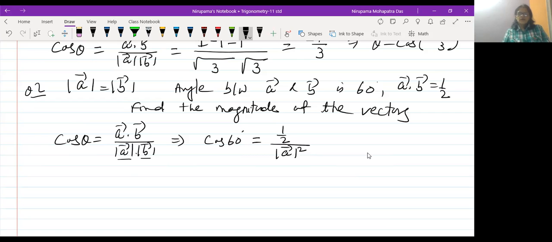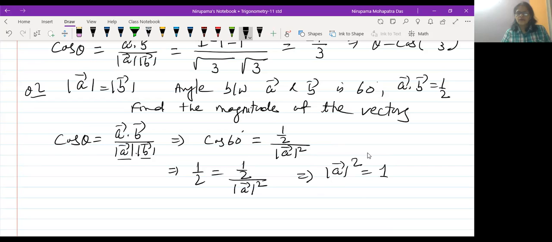So here you have 1 by 2 equal to 1 by 2 by the square of the magnitude of A. So the square of the magnitude of A is 1, so the magnitude of A is 1, and that is also the magnitude of B. So like this, these are simple applications if you are very clear in concept.